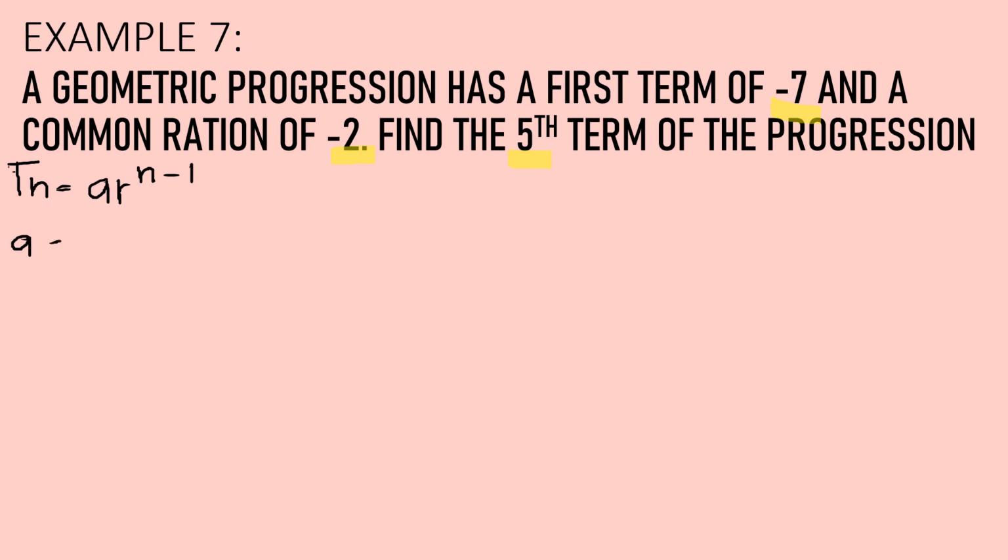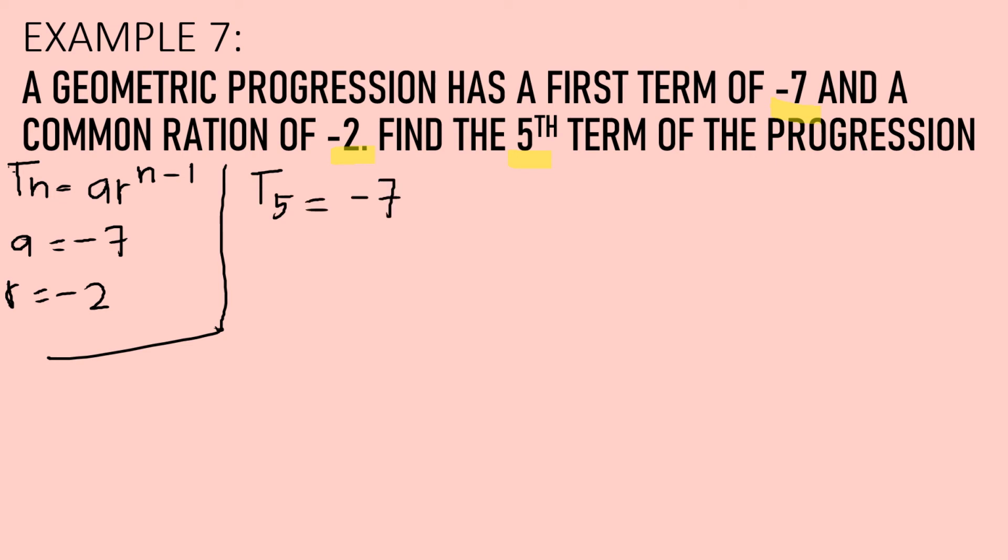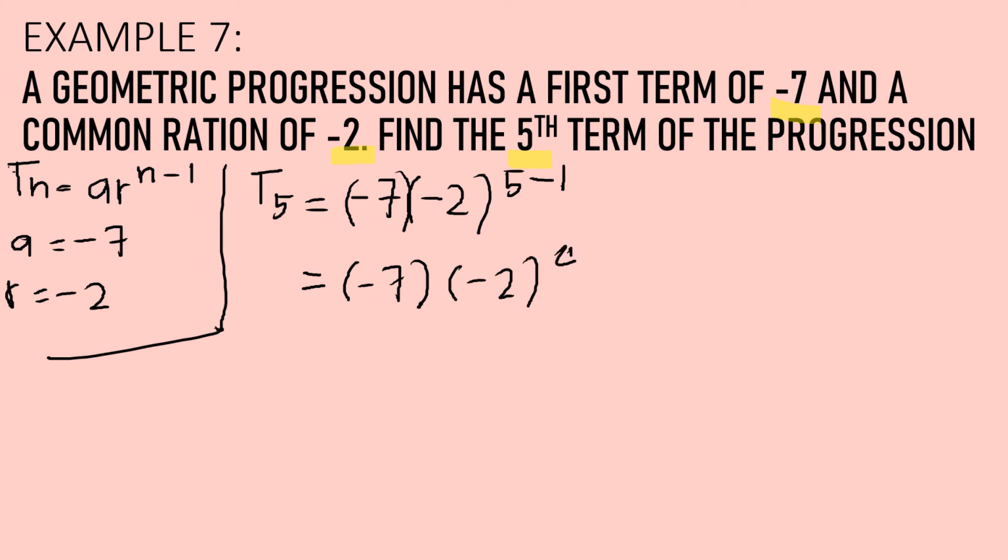So the first term A equals negative 7, R is negative 2. Substitute: T5 equals negative 7 times negative 2 to the power of 5 minus 1. We will get negative 7 times negative 2 to the power of 4. The answer is negative 112.